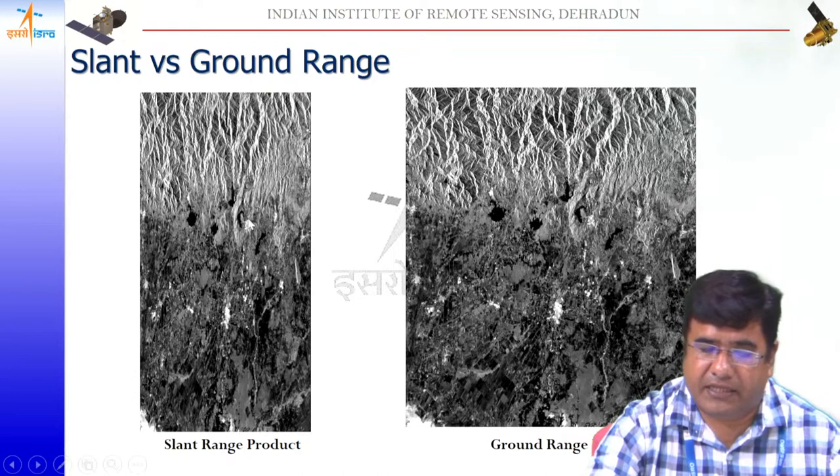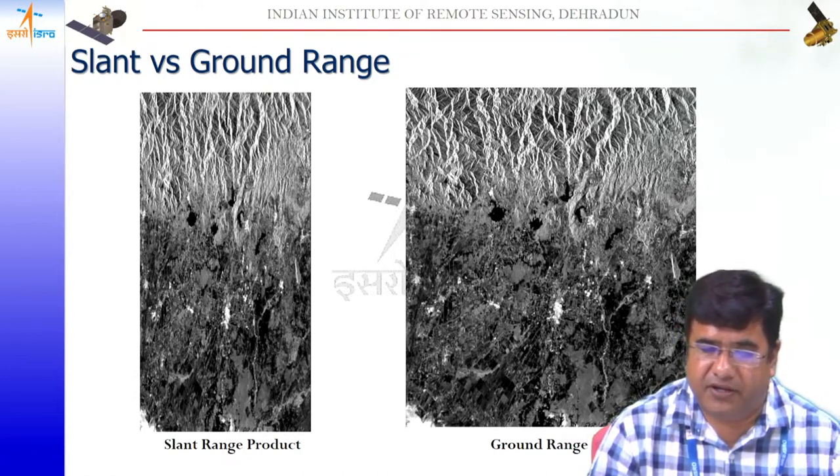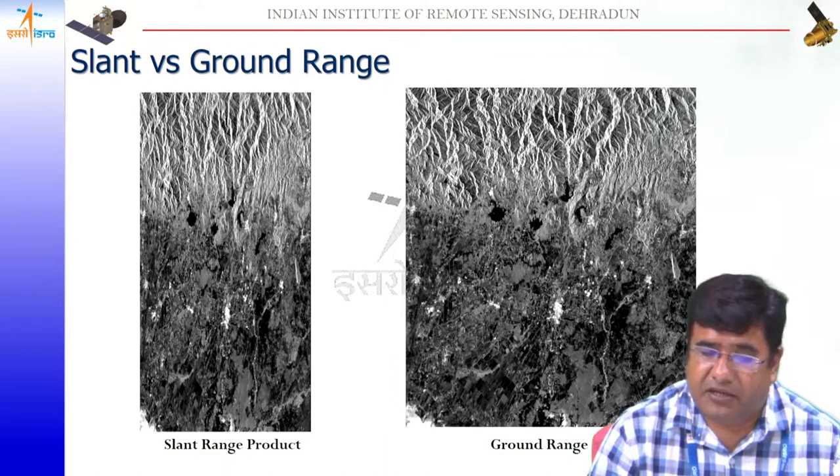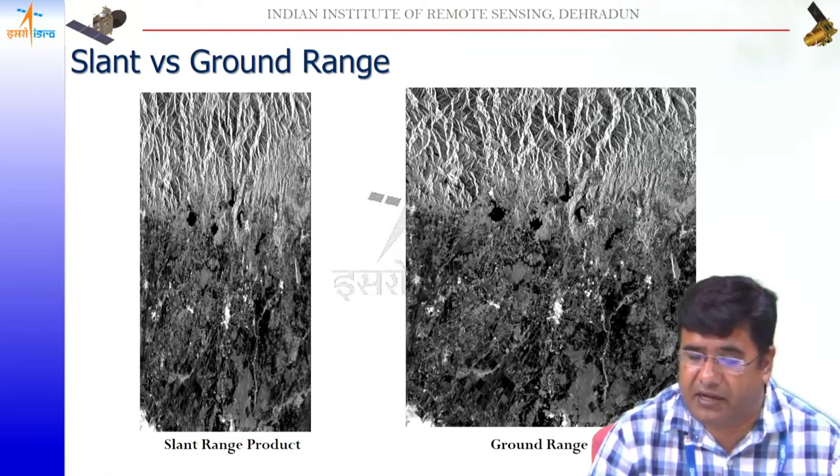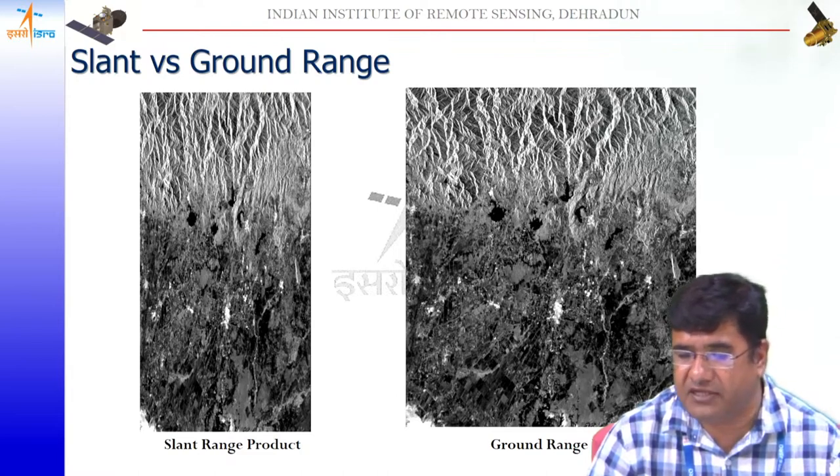Now this is the basic geometrical correction. We have very many geometrical distortions in the SAR image, so one simple method of geometrical correction is the ground range conversion, where we make the geometry correct by setting the pixel size as C by 2fs sine theta.